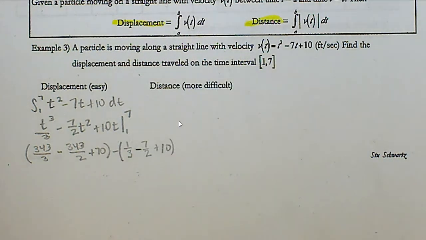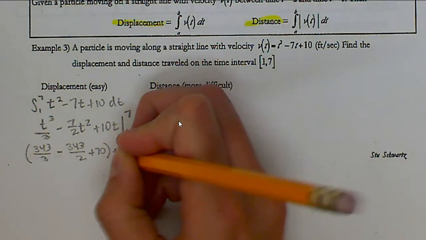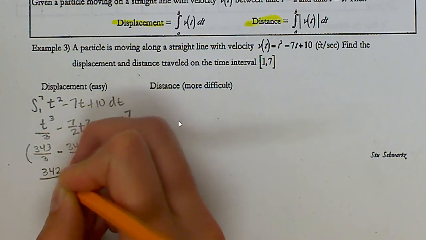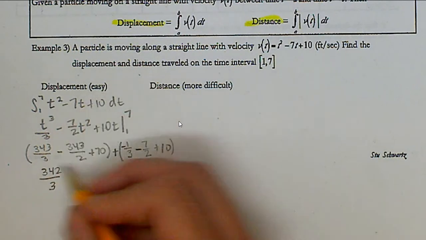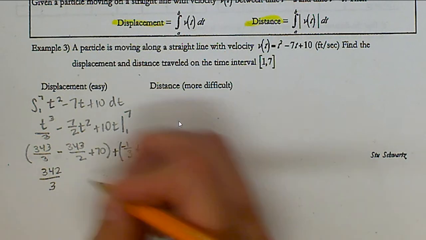So the way that I handle these is to kind of combine these fractions together now. So I would subtract 1/3. This is 342. These fractions are maybe a little big for a non-calculator section, but I wouldn't put it past them.